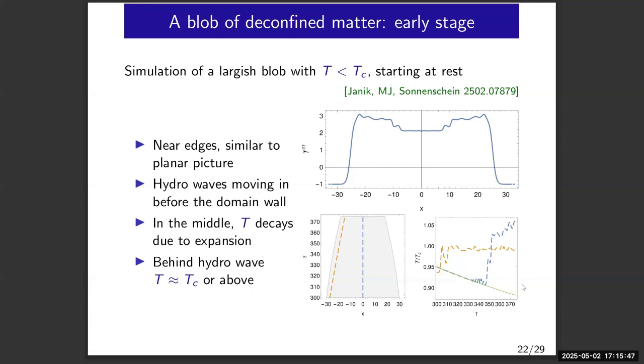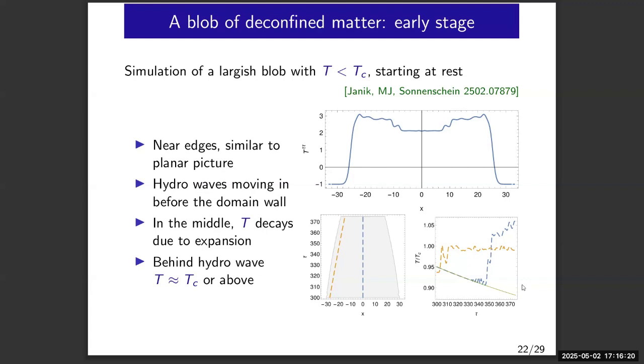In the middle, the temperature first decays because of the expansion of the space, but then eventually you get hit by these hydro waves, and after the hydro waves pass, the temperature goes up to around TC. Actually, at these edges of the blob, it's already at very early times at around T equals TC. So these hydro waves heat up the whole bubble to a temperature which is around the critical temperature.